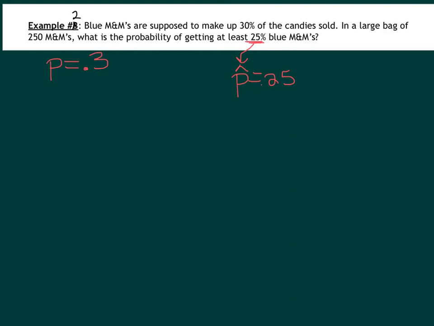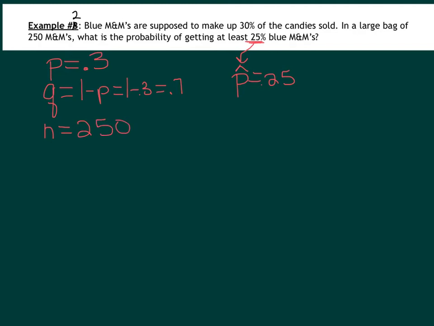We're not going to use the P hat in any calculations yet, but we will get to that in just a few minutes. The other thing I know is that my Q is 1 minus P, which is going to be 0.7. My N in this case is going to be 250.